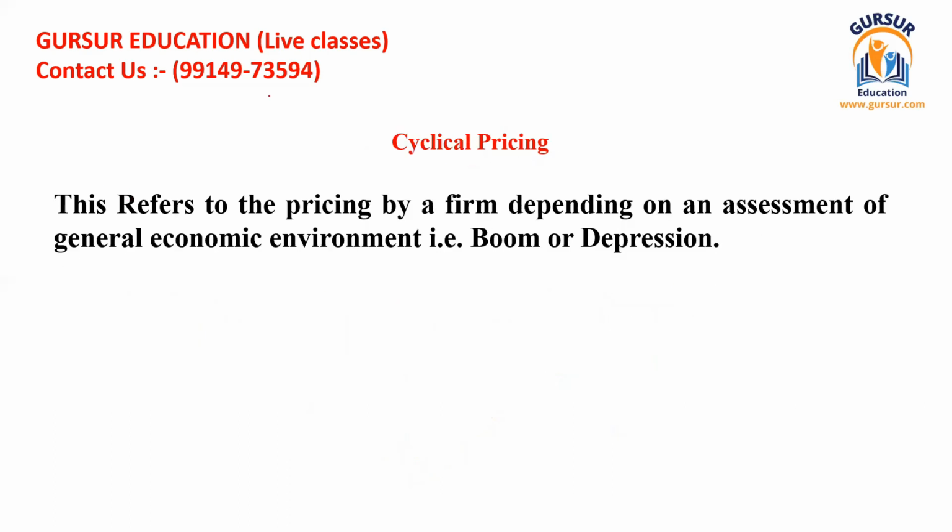now this is the next kind of pricing policy, and this is known as cyclical pricing. What happens here? Here the prices are charged on the basis of cycles. Okay, so how are these charged? When there is a period of boom, then high prices are charged.